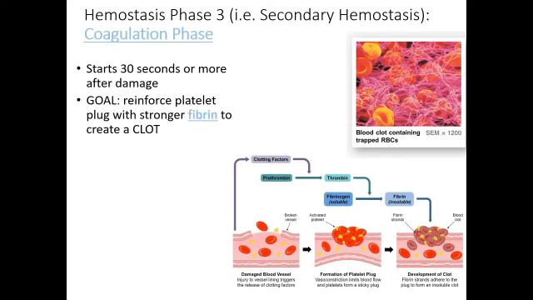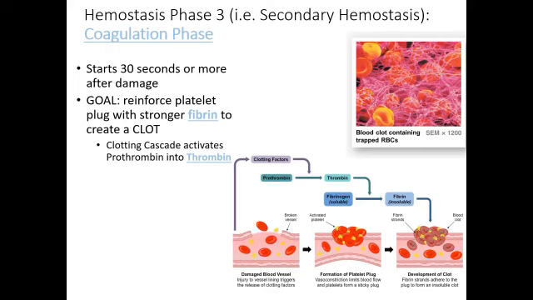Okay, so the goal of the coagulation phase is essentially to solidify that platelet plug, right? We want a true scab. We don't want the platelet plug to be the permanent solution to this injury. And so the coagulation phase includes the clotting cascade, right? As soon as the platelets start releasing these chemicals, it turns on all of those clotting factors. One turns on another, turns on another, turns on another.